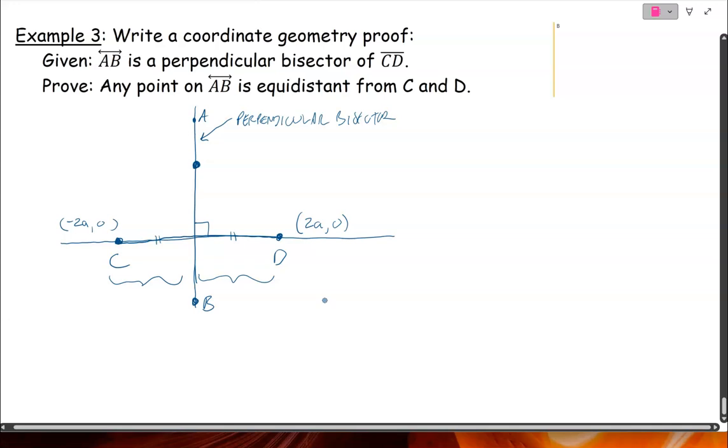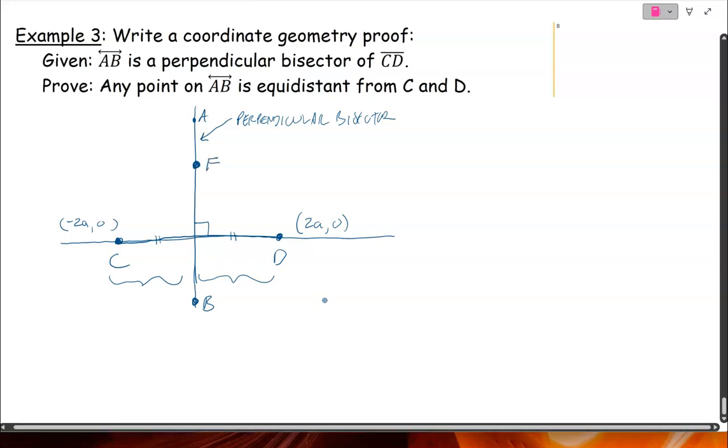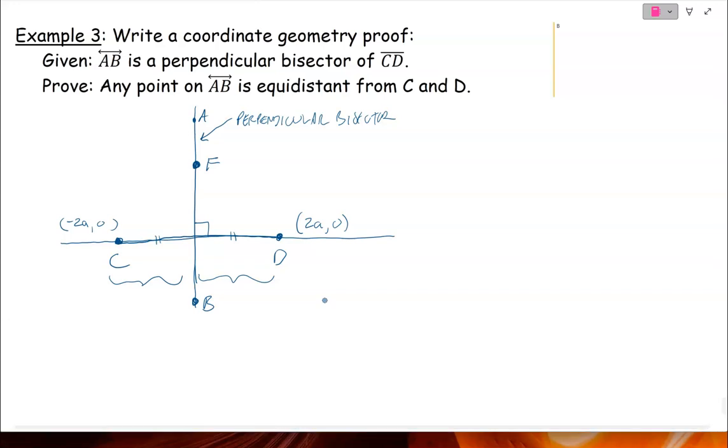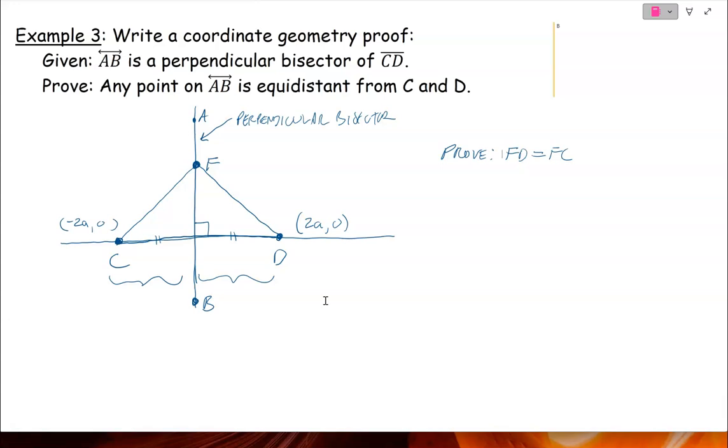I'll just call it point F. Point F is any random point on the y-axis. We want to prove that FD, this length, has to be the same as this length FC. So we're basically proving the perpendicular bisector theorem.